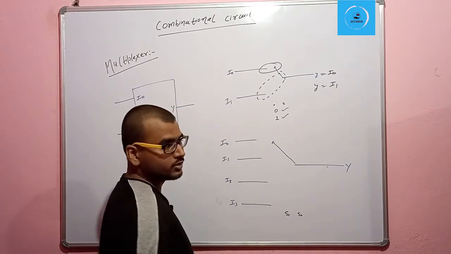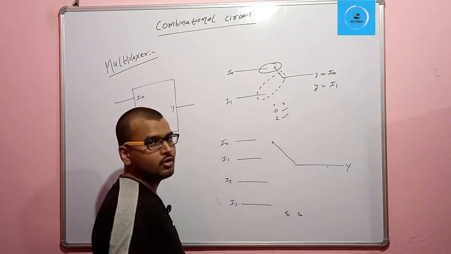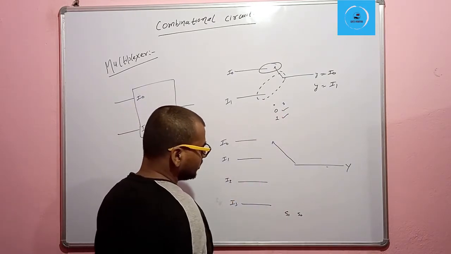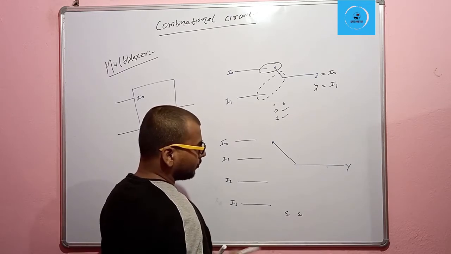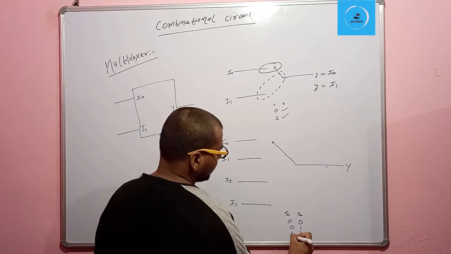When there is one switch, there are two possible values, either 0 or 1. And when there are two switches, it will take four possible values, that is 00, 01, 10 and 11.